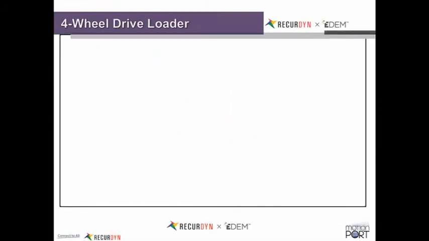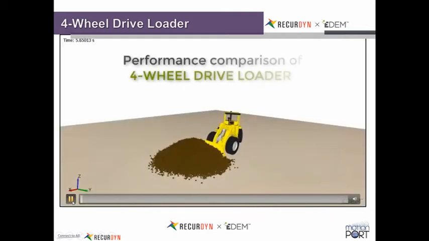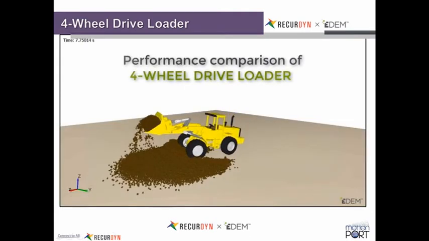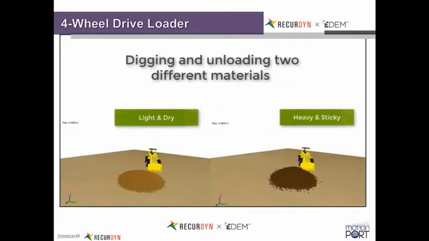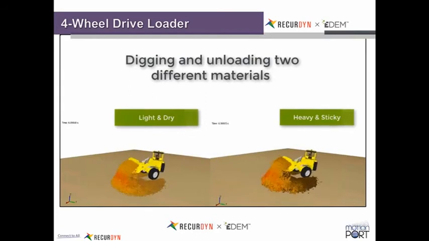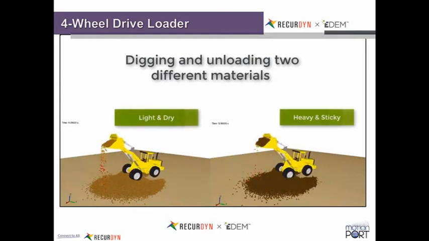So here's a four-wheel drive loader. It's interacting with the bulk material, not only scooping it up in the bucket, but you can see how the wheels are also going on top of the particles.